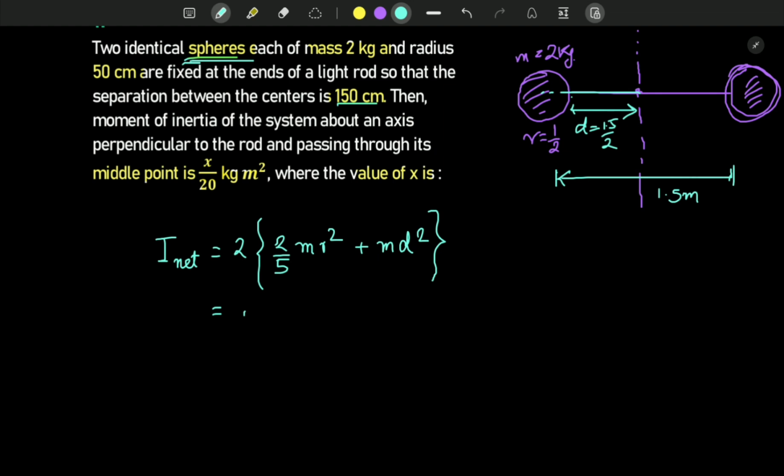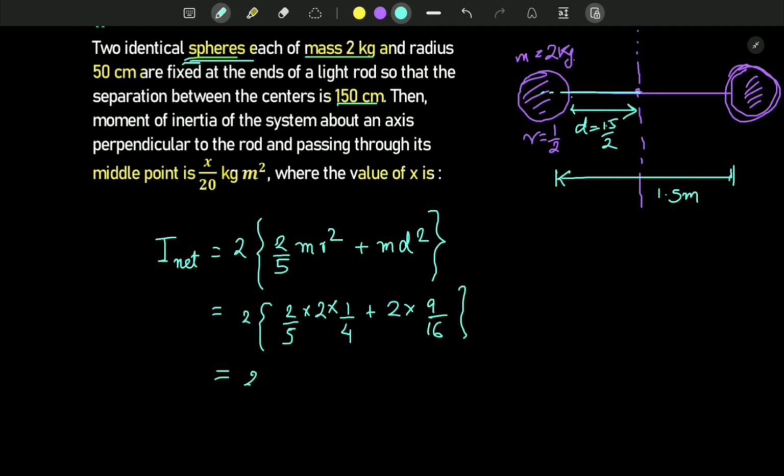Calculating: 2 by 5, mass is given in the question as 2 kg, r is 1 by 2, so r square is 1 by 4, plus m d square. d is 1.5 by 2, and 1.5 is 3 by 2, so d is 3 by 4, and d square is 9 by 16.